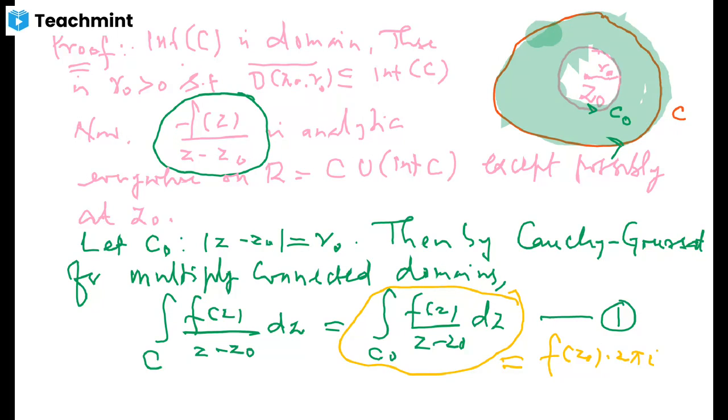So now let us do the computation and work on this integral taken over this circle, because the function is not analytic only at z naught. So we have the option to make this disk smaller and smaller, as much as we need.